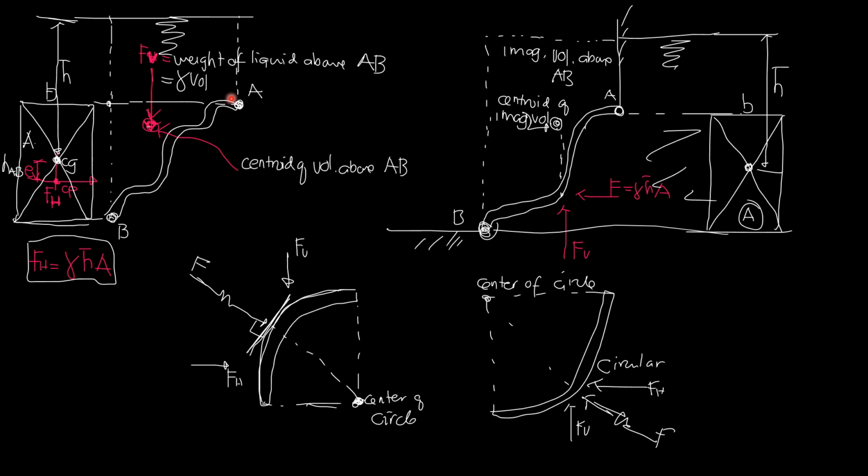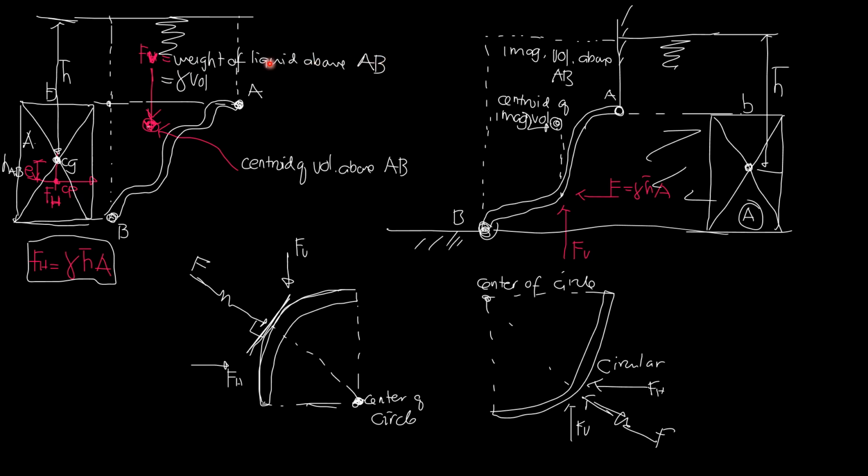So the only force acting would be that FV, which is simply the weight of liquid above the curved surface AB that pushes our back. If we imagine that this is our back, we can anticipate the value of FV.